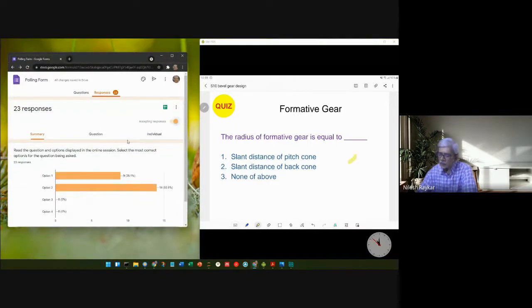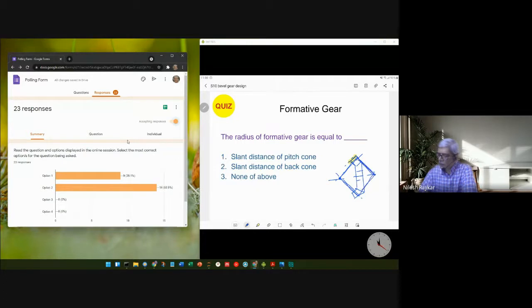Since we have seen this already, but I'm just writing it for the sake of completeness, since I see a significant number of you have given the first answer. So this is your bevel gear tooth. If you draw the pitch line towards the front side, this is known as the pitch cone. And if you extend the back side, you get what is known as the back cone.